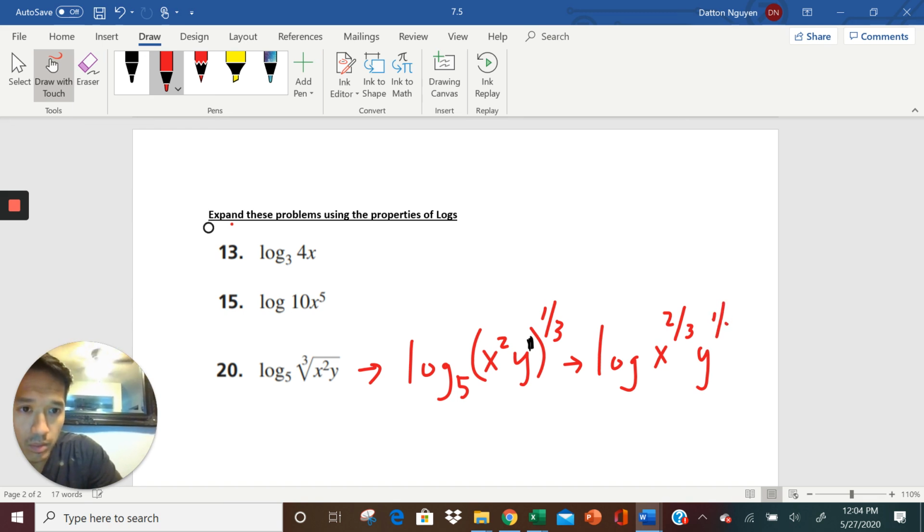Obviously, this would be y to the 1/3. So from here, you can go ahead and expand the problem. Remember, this is actually multiplication inside right there. So what is that going to lead to? Addition. So I'm going to have two logs, log x to the 2/3 power plus log of y to the 1/3 power, and then so forth. I'll let you guys finish the rest of that.